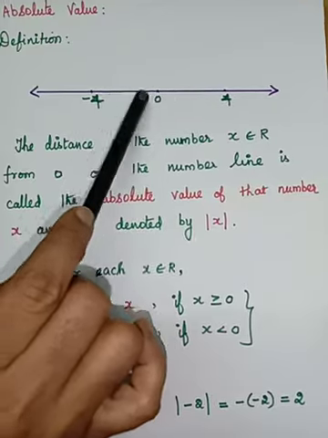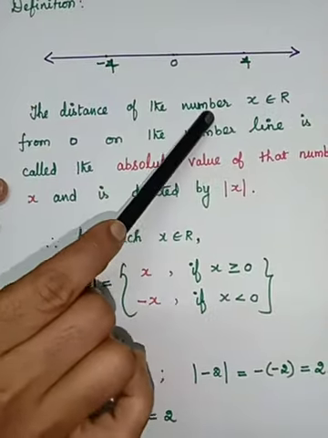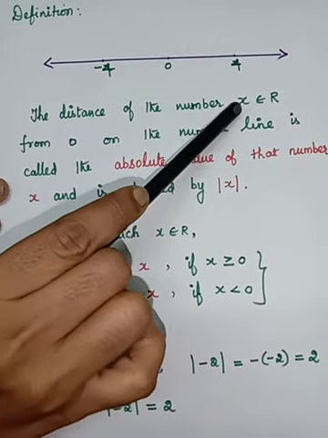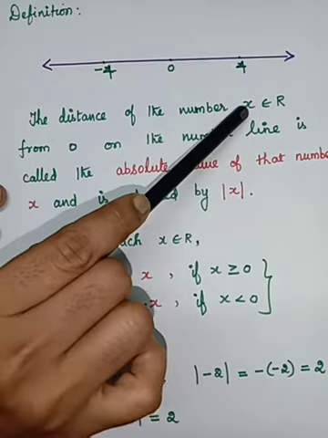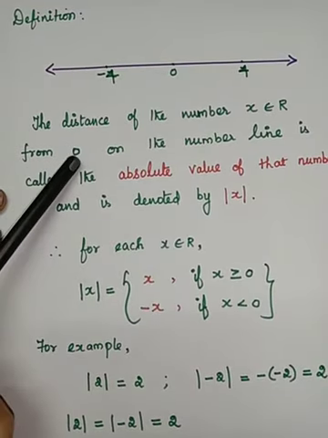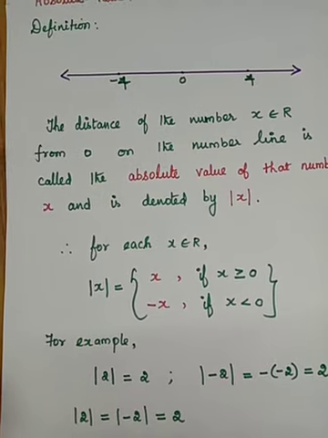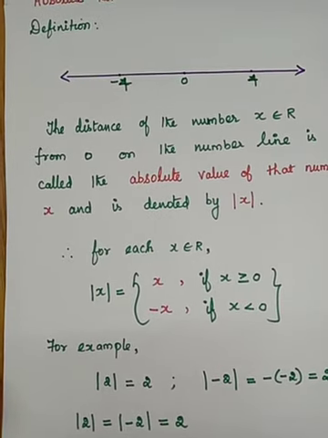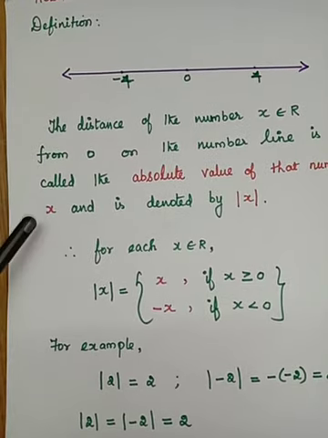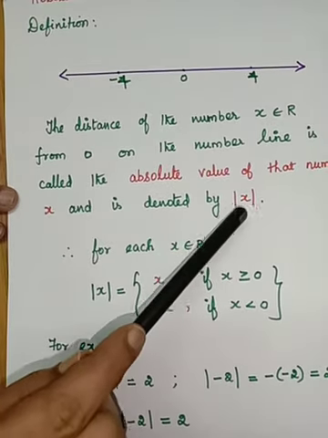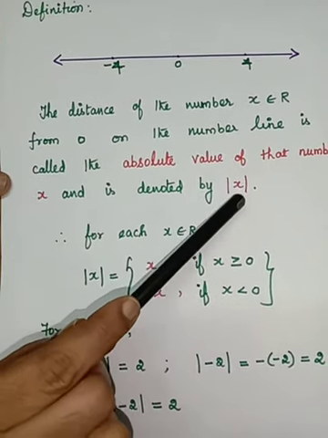That distance is also 4. So, the distance of the number, that is x. Here I have taken x. X belongs to R means it's a real number. The distance of the real number x from 0 on the number line is called the absolute value of x and is denoted by modulus of x or otherwise absolute value of x.